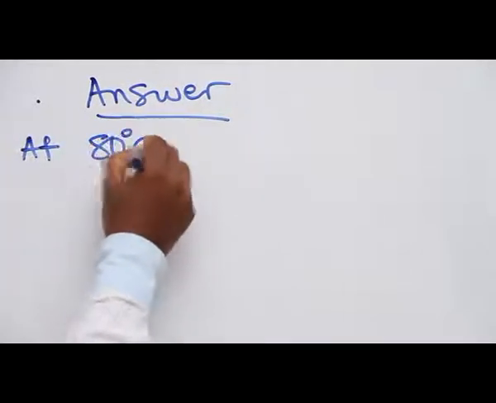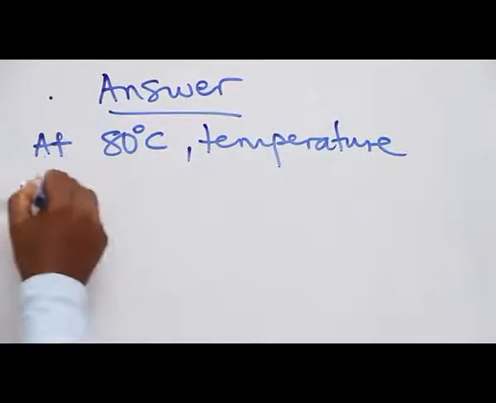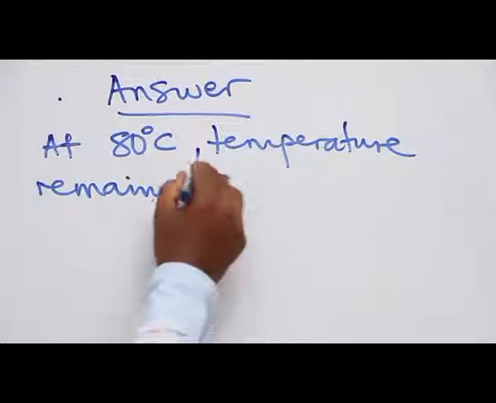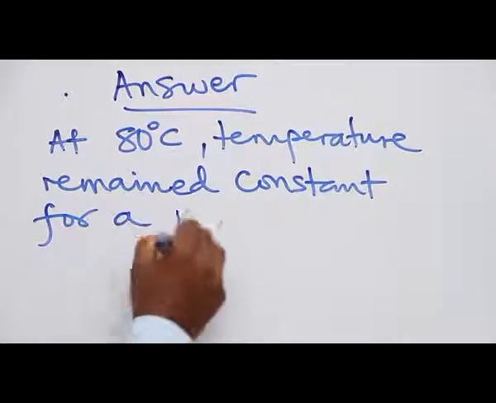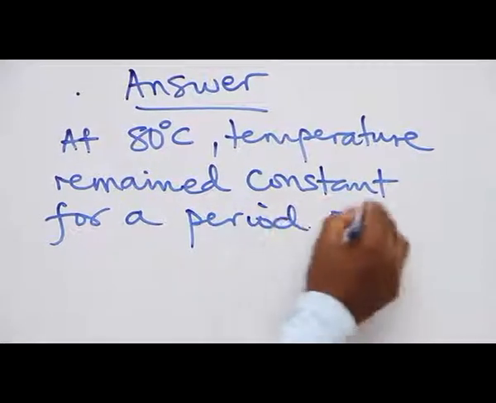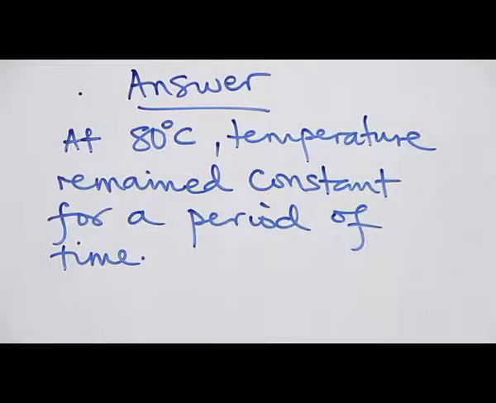At 80 degrees Celsius, temperature remained constant for a period of time. This must be a transition process. Let me look at it again. If it is transition process, it is either melting point or boiling point. But we are told that it's a cooling process.